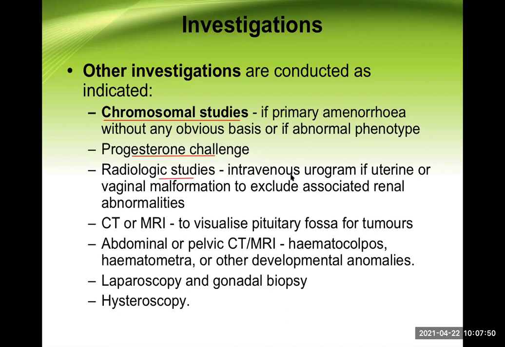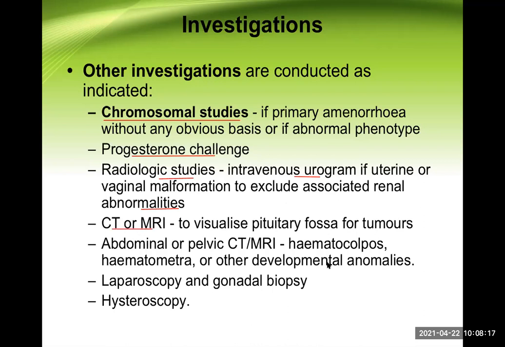Radiological study like IVU, intravenous urogram: if uterine or vaginal malformations are there, and just to exclude associated renal abnormalities, we go for IVU. Sometimes one congenital anomaly may be associated with another. So this type of test may be necessary, but not done in every case.